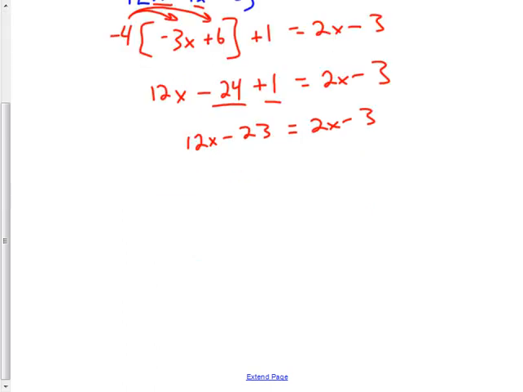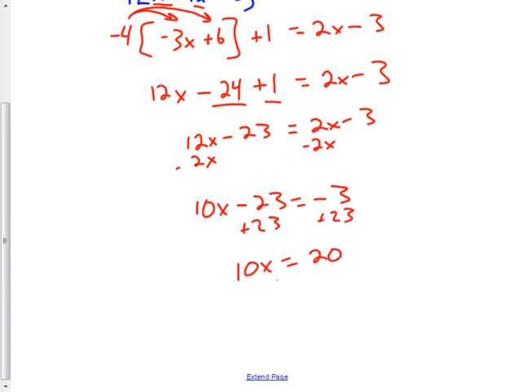Want to move the x's, I have the choice of subtracting 12x or subtracting 2x. I'm going to subtract 2x, so I get 10x minus 23 equals negative 3. Now I need to get the x by itself. I've got a nice friendly equation here. Add 23 to both sides. 10x equals 20. Divide by 10. And x by itself is 2.